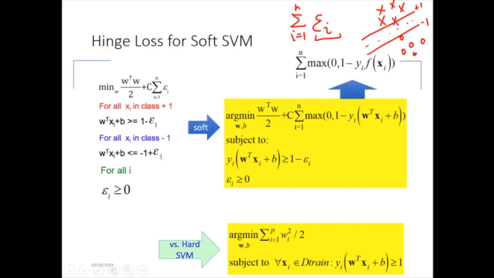So if I have a circle point here, this is my epsilon I, right? And there's another J point. And the J point is actually predicted correctly.